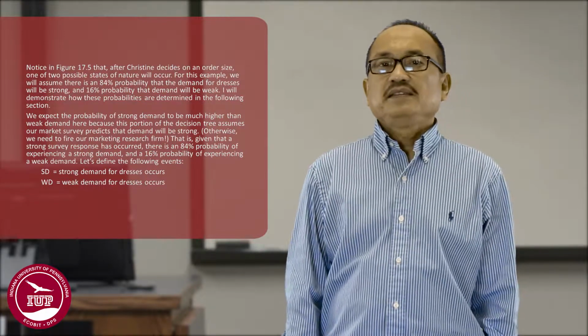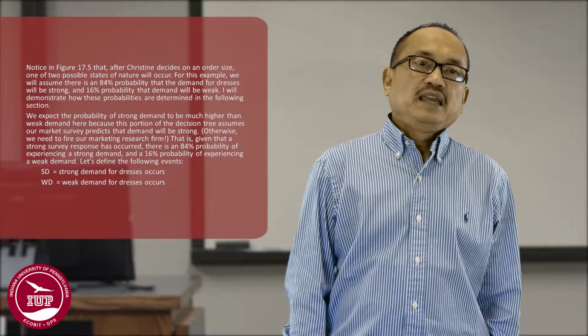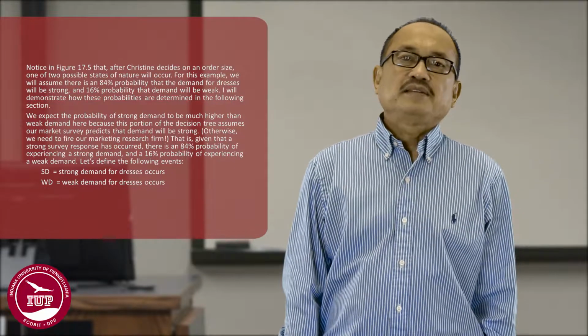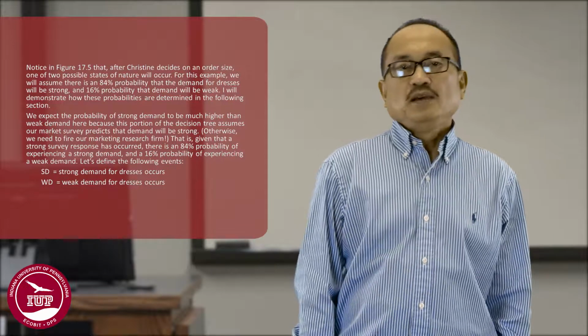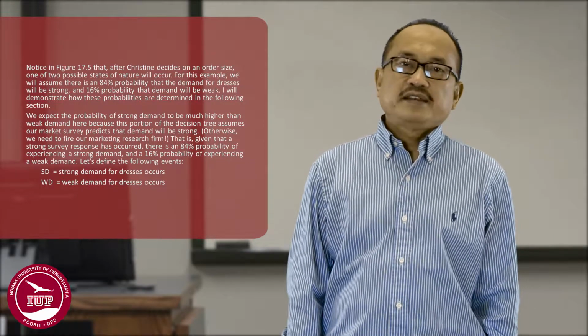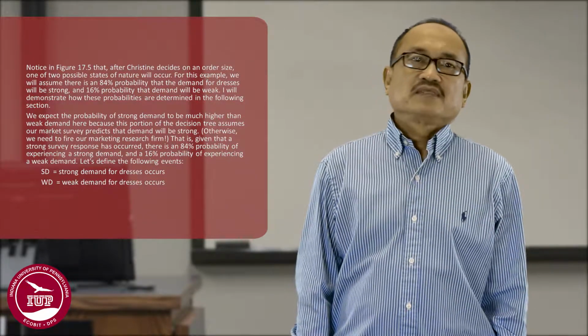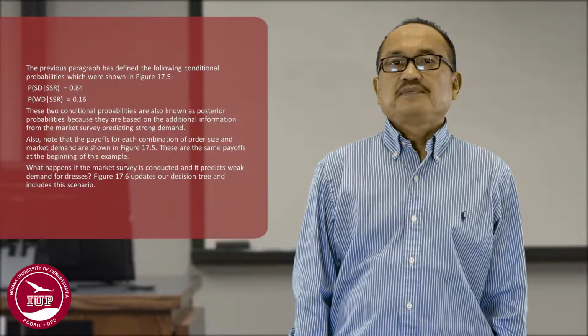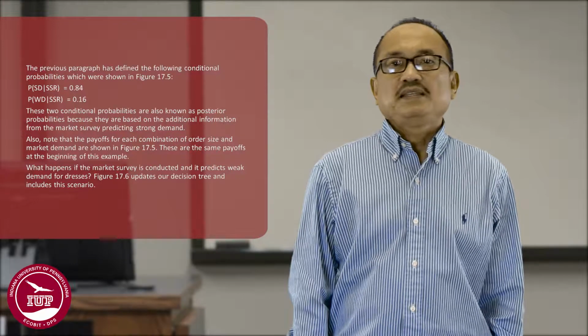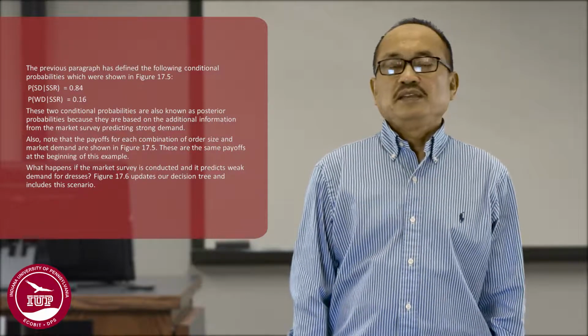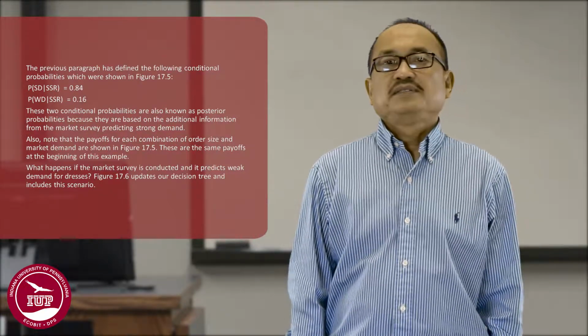Let's define the following events. SD is strong demand for dresses occurs. WD is weak demand for dresses occurs. The previous paragraph has defined the following conditional probabilities, which were shown in Figure 17.5.